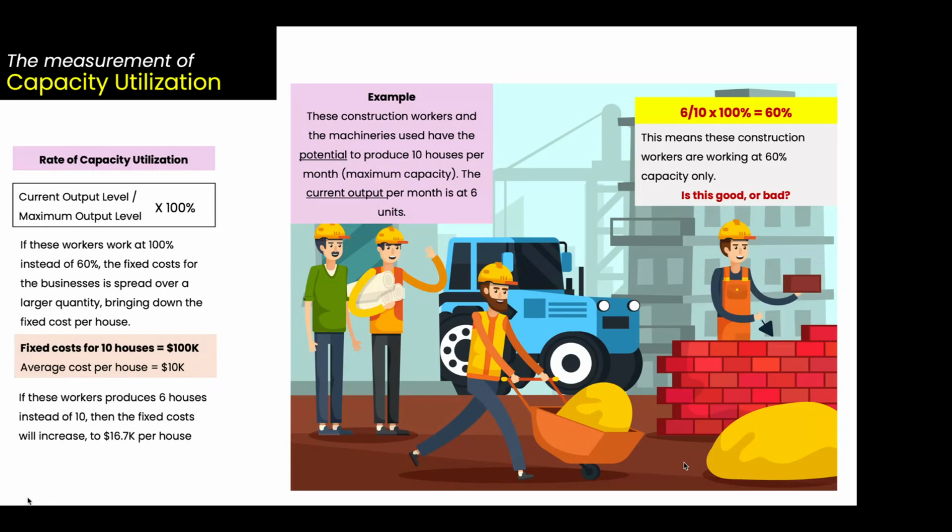But if they are producing 6 houses instead of 10, as is happening right now, then the fixed cost per unit will increase to $16,700. So you can clearly see that when they are able to produce more but are producing less than they are supposed to, this increases the average cost for the house.